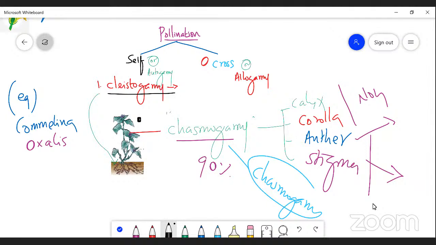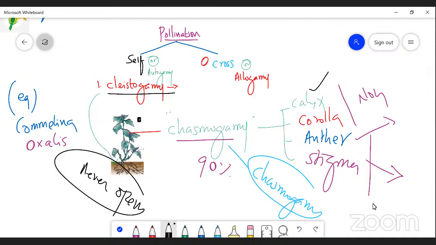Clistogamy is a kind of pollination which occurs, but the floral parts never open. The floral parts, such as the calyx, corolla and stigmatic region, never open and expose towards the pollinating process, right? Such a manner is known as clistogamy.